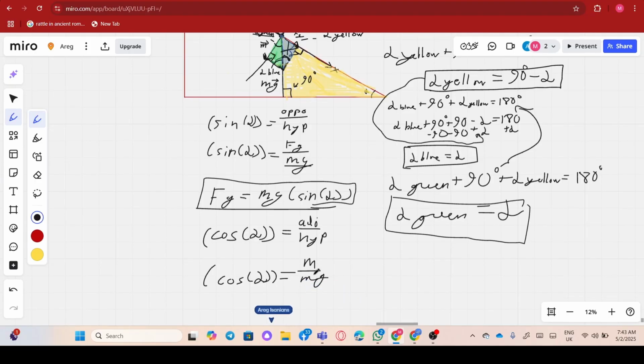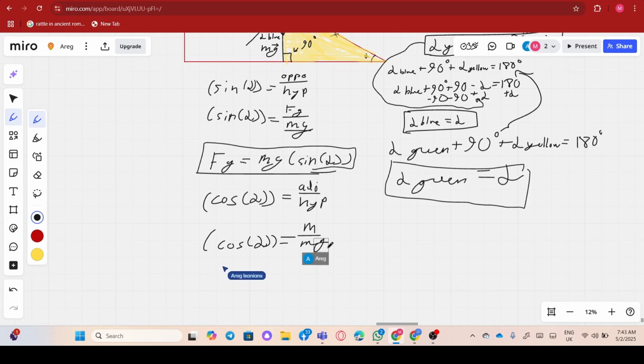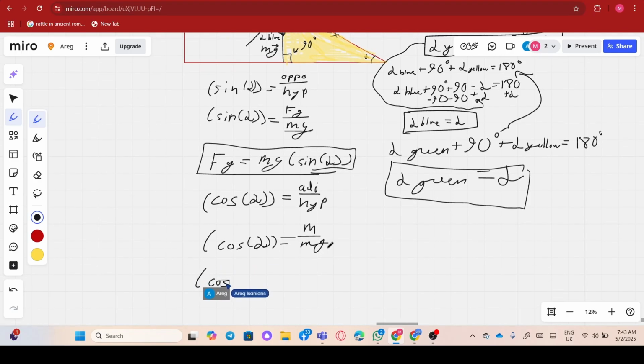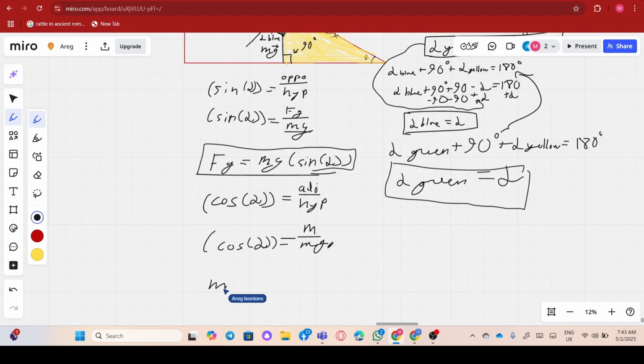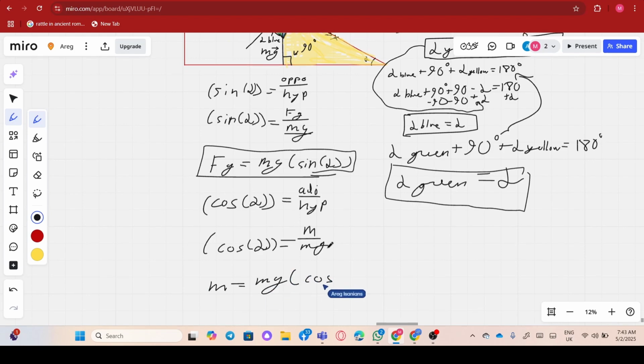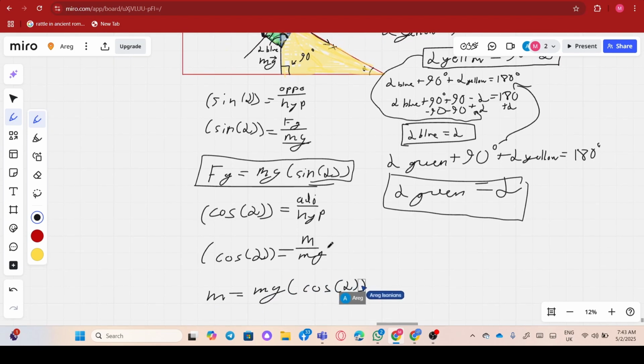And M here is a force. We cannot cancel it with the mg, because that one's mass and this is a force. So if we want to find M by itself, M is equal to mg times cosine alpha.